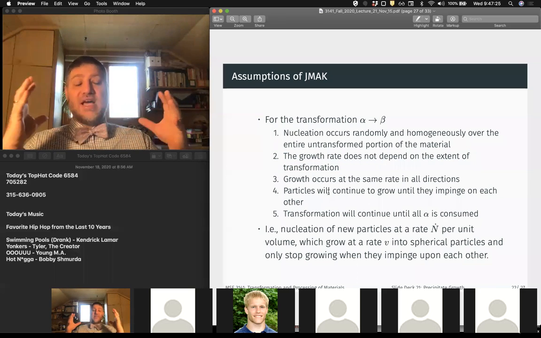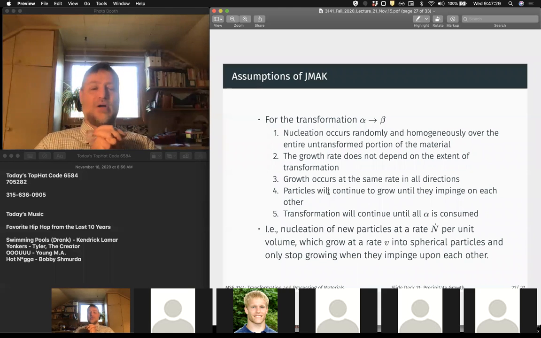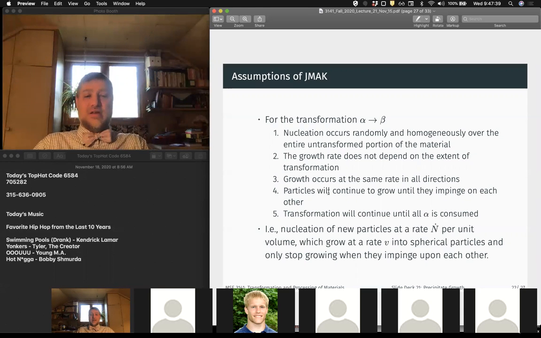Growth occurs the same in all directions, so we have perfectly isotropic particles. Well, we just spent a lot of time talking about how that's clearly not true, because semi-coherent and coherent interfaces grow at a much, much slower rate than incoherent interfaces.